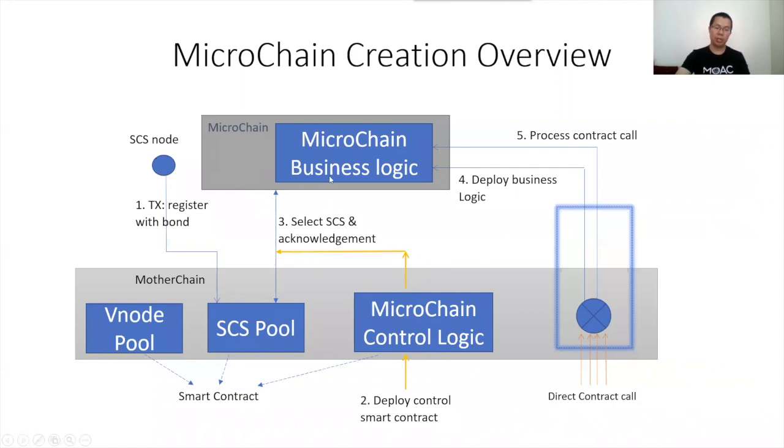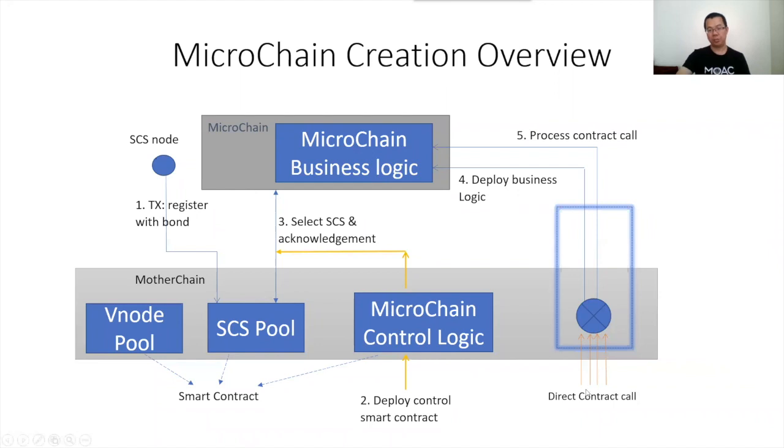All the selected nodes have to give a positive acknowledgement. Then if enough nodes have joined a microchain, I just create the microchain, and it will start generating blocks just like a regular blockchain.